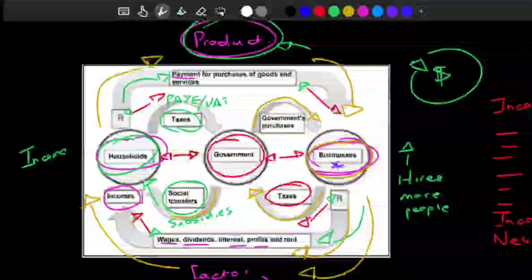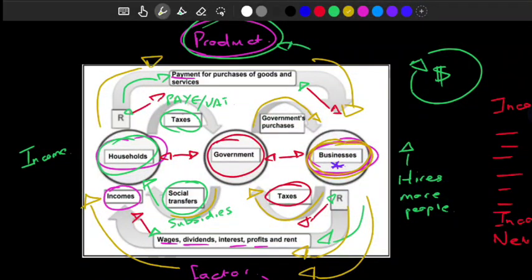Interchangeably, if businesses do not have money, they will pay less taxes, and the government would have less taxes to issue tenders. But government prints money and all that, but they would have less tax money to issue out tenders and all that. They would have less money for social transfers.